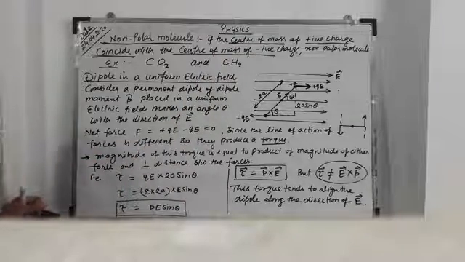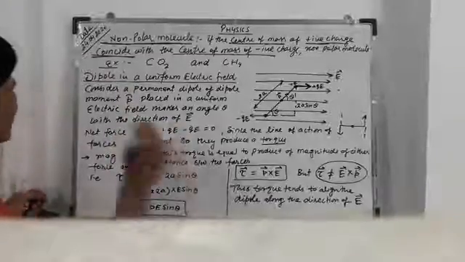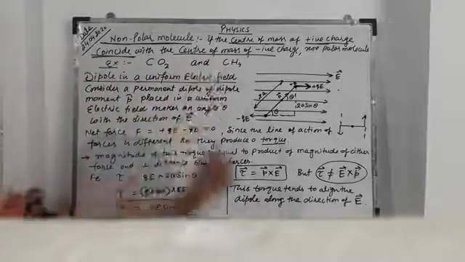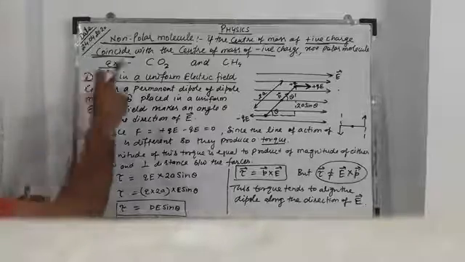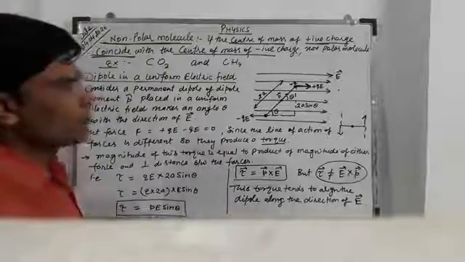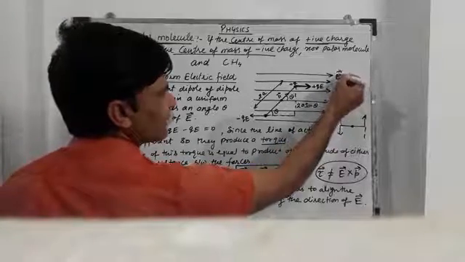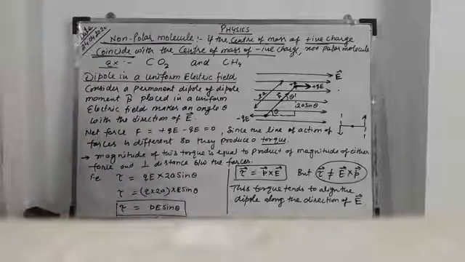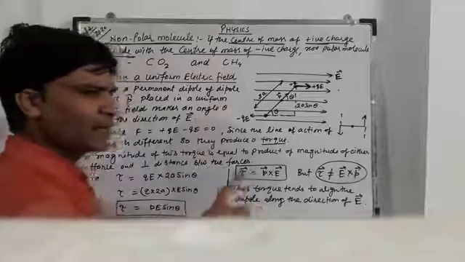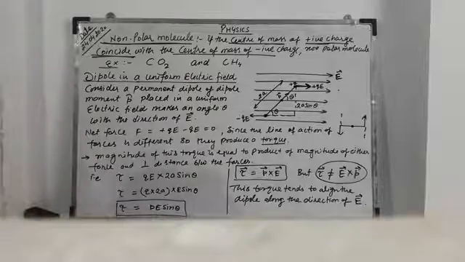Okay. Now, in a new topic, dipole in a uniform electric field. When a dipole is placed in a uniform electric field. What is a uniform electric field? The electric field which has the same magnitude and same direction at all points.